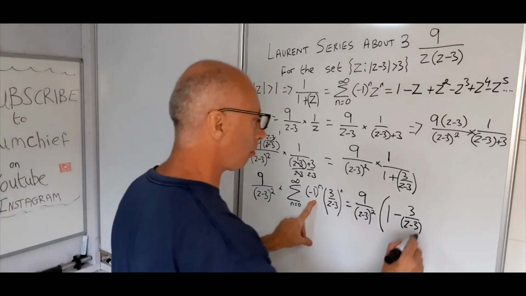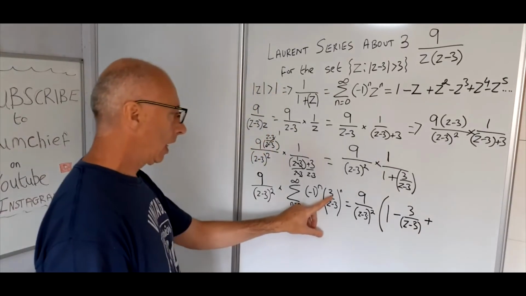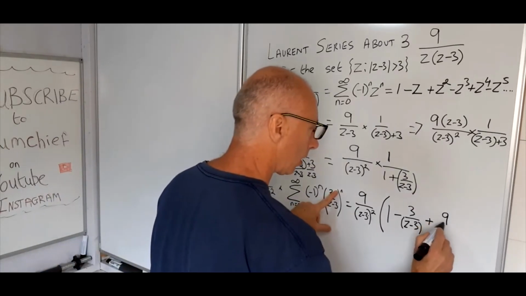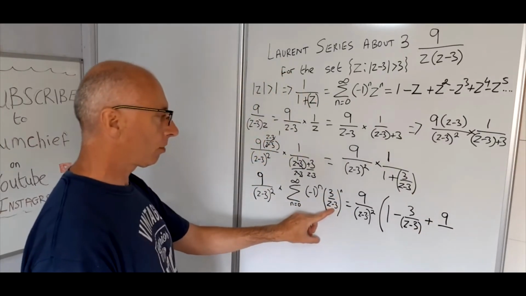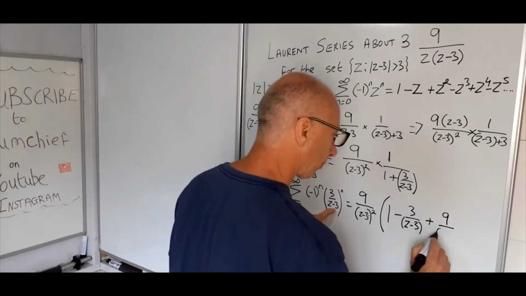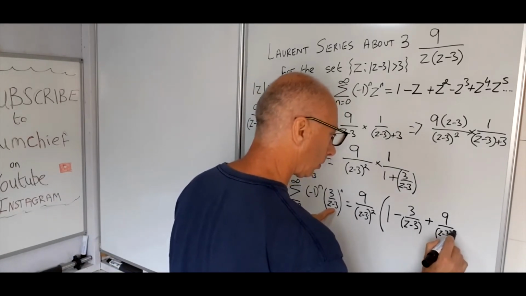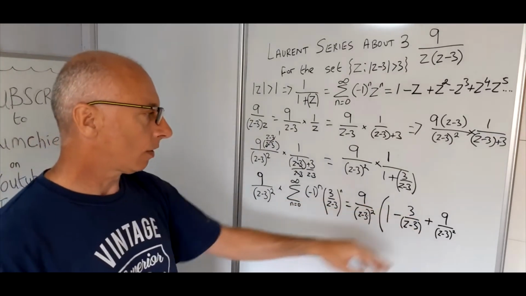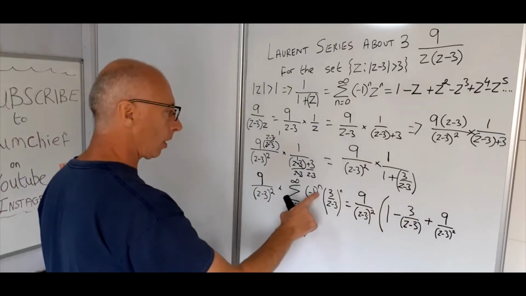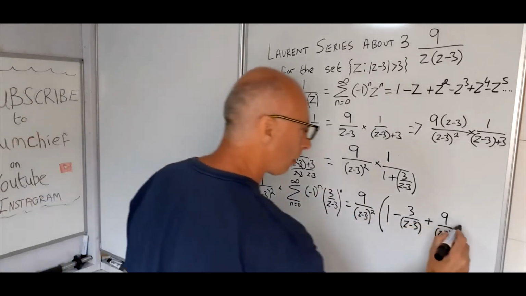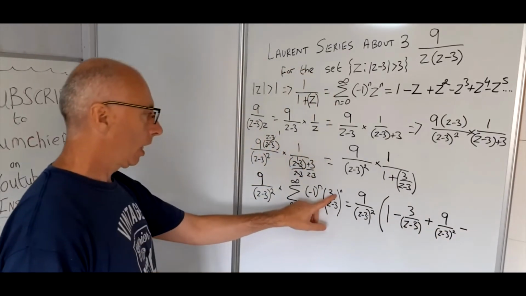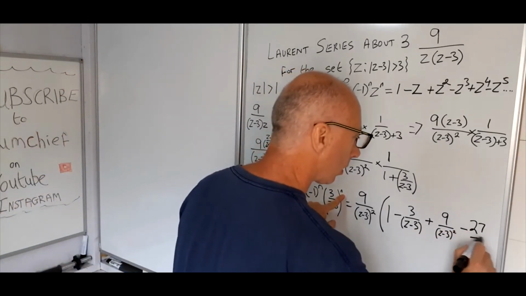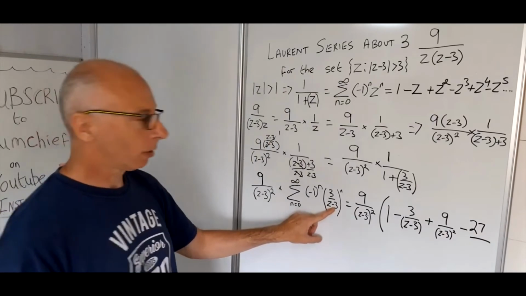This then becomes positive, and this becomes 3 squared, which is 9, and then z minus 3 just squared. Okay, we'll just do one more, because we'll see this is going to follow a pattern. So when n is 3, we have minus, and then 3 to the power of 3 is 27, and then z minus 3 is just going to be cubed.